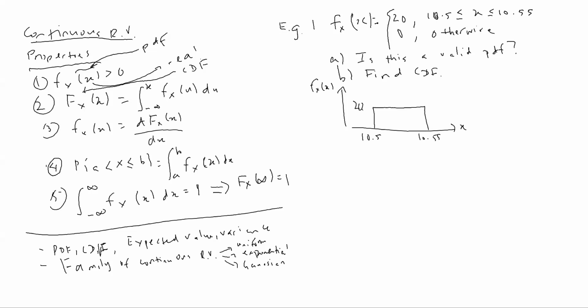Yes, you integrate it. Once you integrate, what should you get? 1. Now, of course, this is one way to do it. We can integrate very quickly, so we will check here.